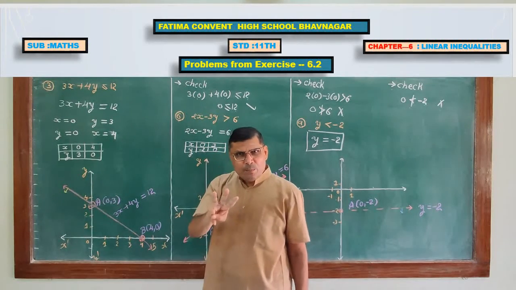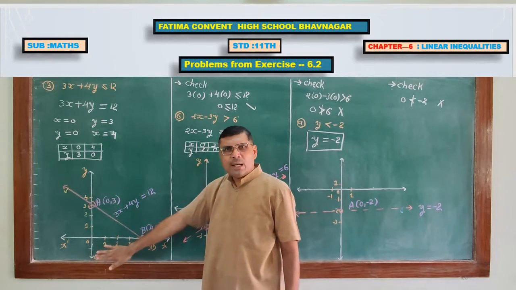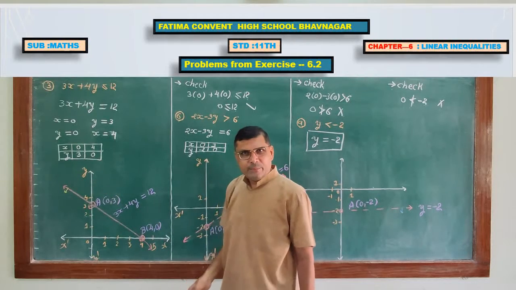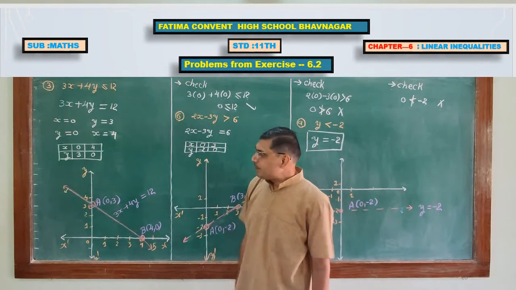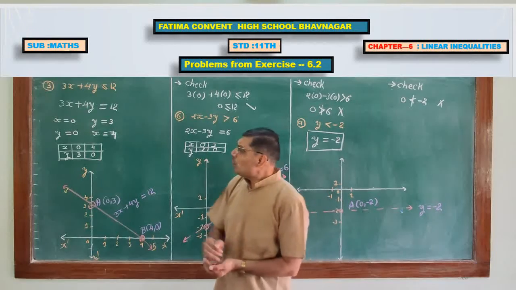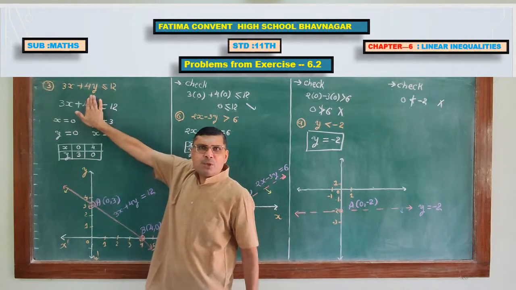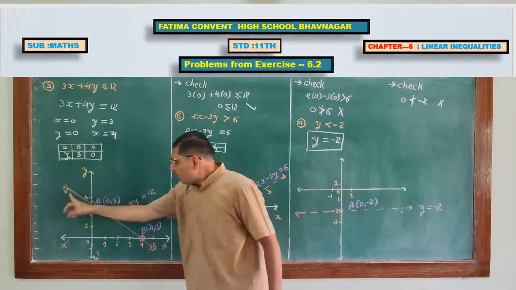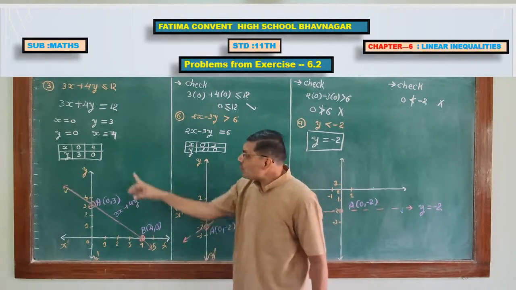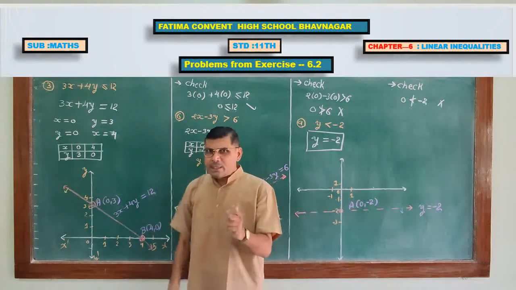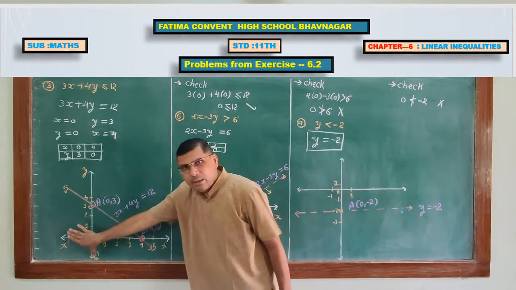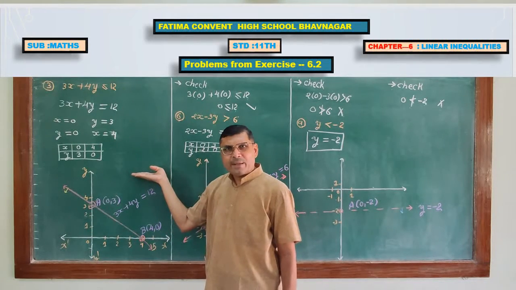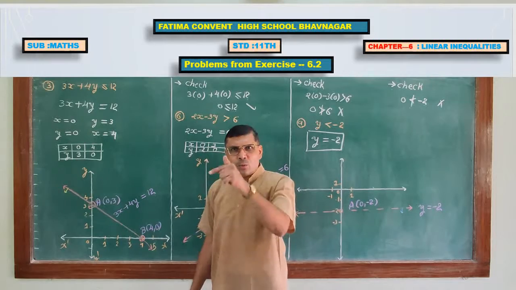Now, here I want to show 3x plus 4y less than or equal to 12. The line is already there because it is equal to. Now we have to decide whether it is below the line or above the line. Which part do we have to shade?